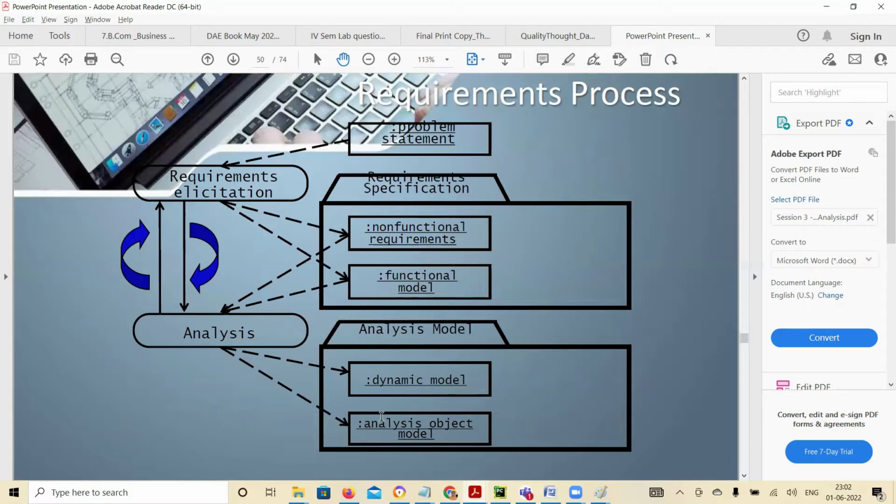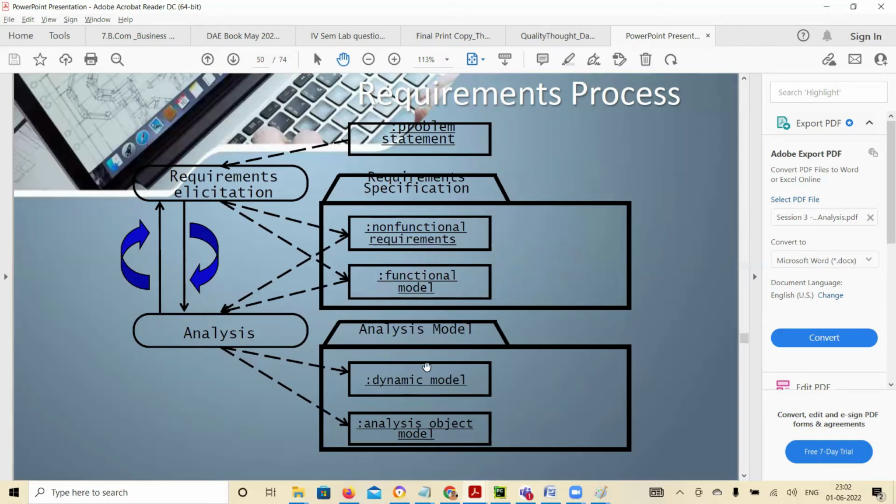So the requirements process, as I said, has two things: requirement elicitation and requirement analysis. What does elicitation do? Elicitation is about getting functional and non-functional requirements, right? We first learned all those terms, and now we know where they are used, so I don't have to explain what functional and non-functional are.